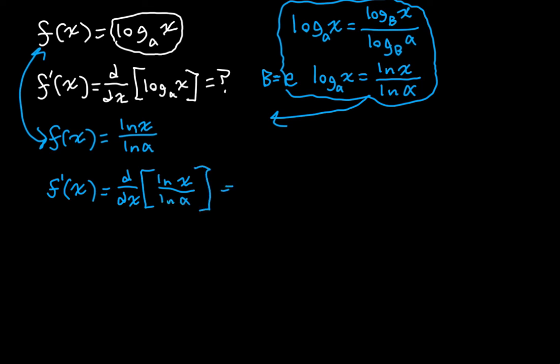And we can bring that a little bit further, because 1 over natural log of a is a constant. So that can just be a coefficient. It can come out of the derivative. So we can say that this is 1 over natural log of a times the derivative with respect to x of the function natural log of x. And hey, that's the function natural log of x. We know the derivative of that function.